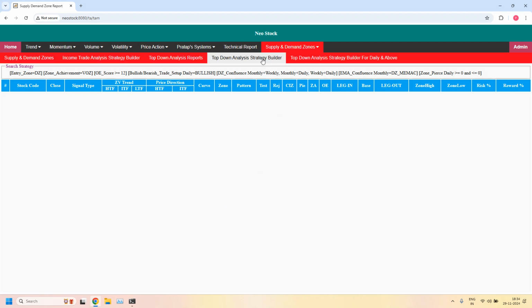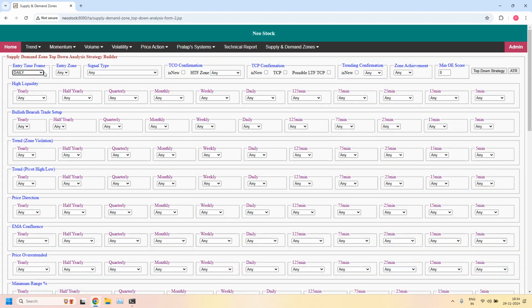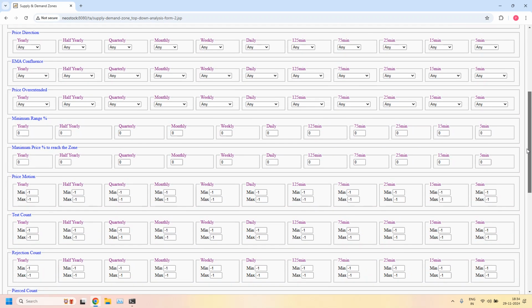Next, monthly income trade, bearish trade setup. Entry time frame daily, entry zone is supply zone. In bullish or bearish trade setup at a daily time frame, I am selecting bearish. This daily supply zone should not be pierced.